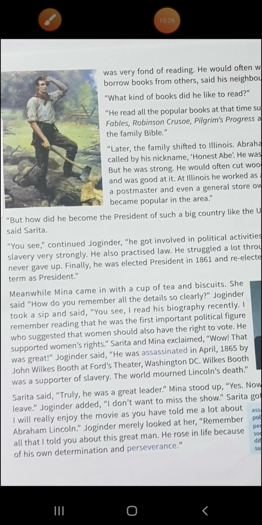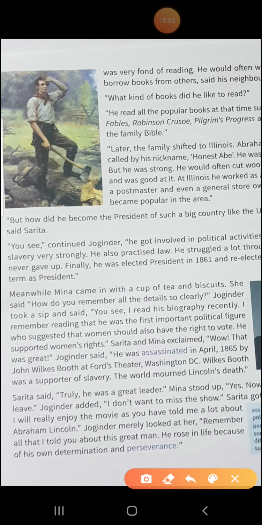Why was he like that? Because he was the one who suggested that women should also have the right to vote. Before him, women didn't have the right to vote. So after he suggested, women got the right. All right.